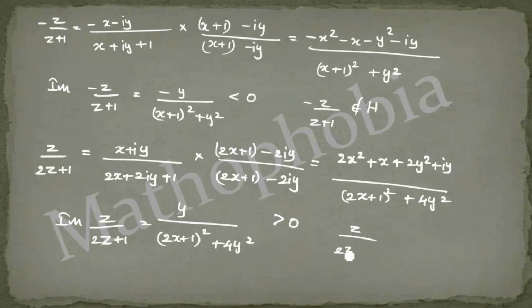So z by 2z plus 1 belongs to h. So the correct answer is option 4.